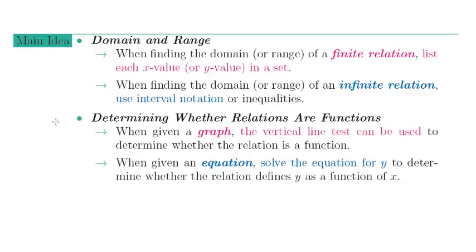Determining whether relations are functions. When given a graph, the vertical line test can be used to determine whether the relation is a function. When given an equation, we want to solve the equation for y to determine whether the relation defines y as a function of x. Let's now work several examples together to put these ideas into practice. Hopefully, it'll make everything a little more clear.